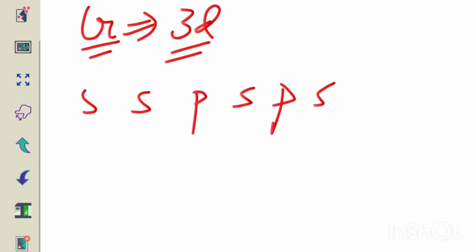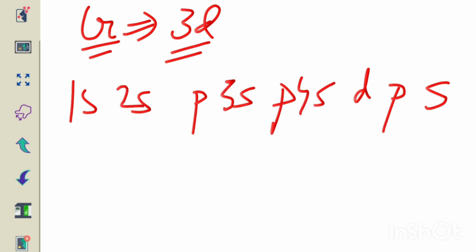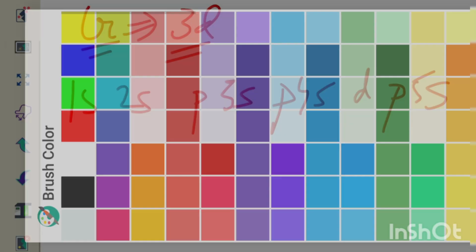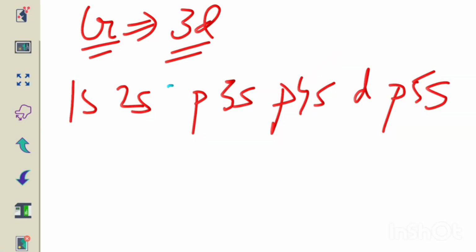Then d, p, s. This way it will be completed. Then write 1, 2, 3, 4 and 5, and similarly in the other row you will write 2, 3, 4. And here it will be 3d.